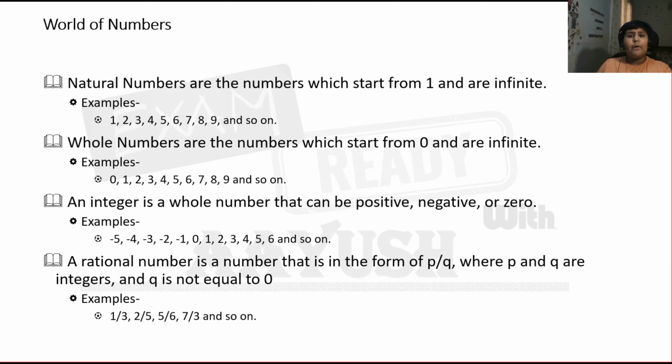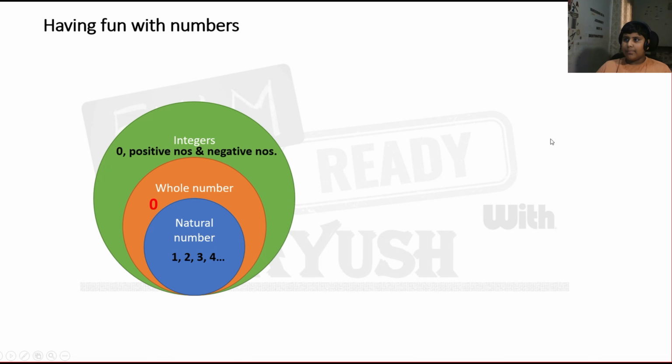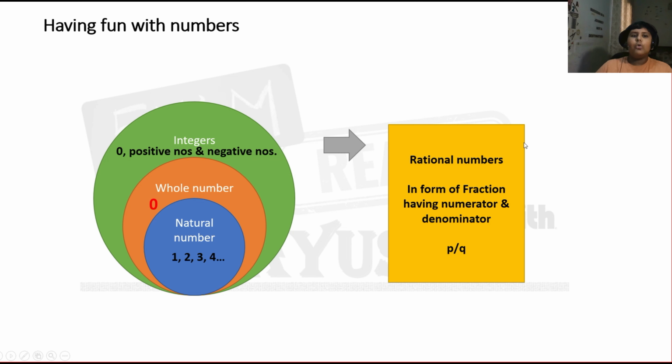So let's learn more about these numbers. Okay, so whole numbers are the numbers without any fraction. That means it does not have a numerator or denominator, but whole numbers are the positive integers. This is seen for the natural numbers. Natural numbers are also not found in the form of P upon Q, where P is numerator and Q is denominator, and the natural numbers are only positive integers.